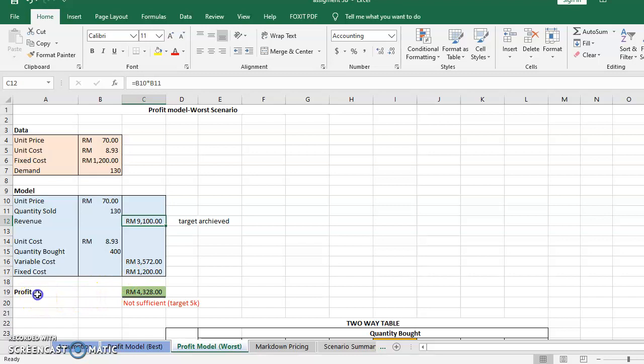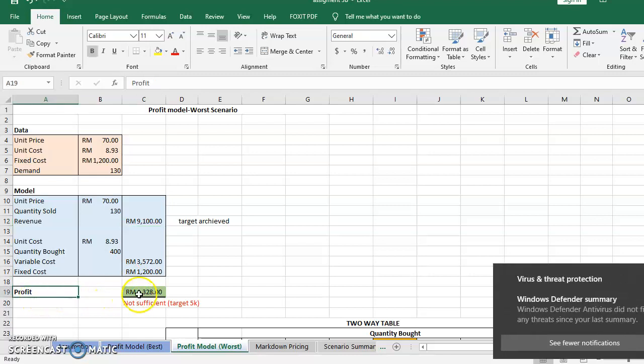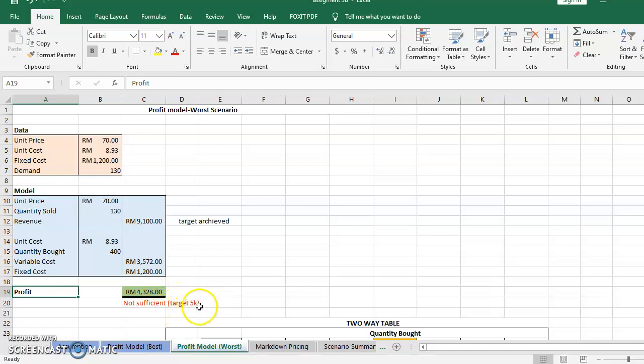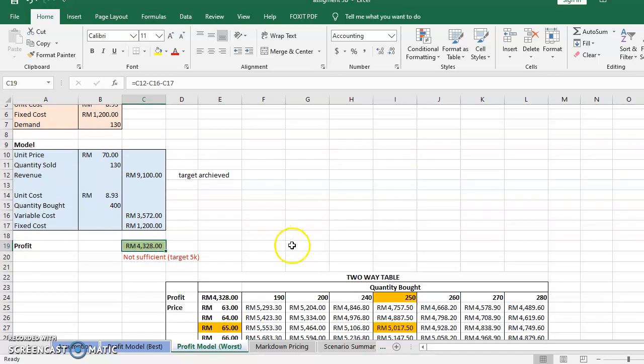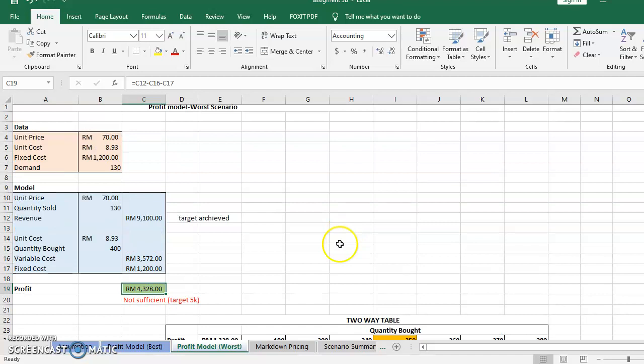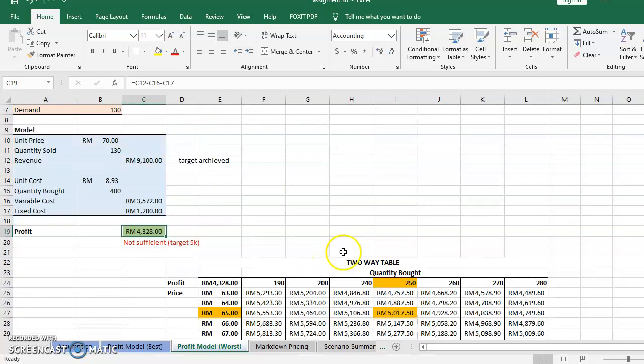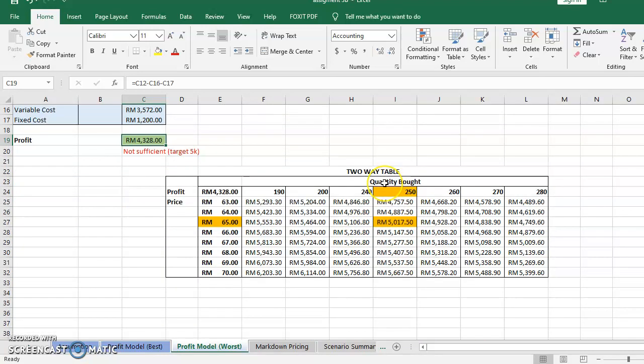But the profit is not sufficient. I targeted 5k, but I only obtained 4,328. Therefore, to achieve the target, I use a two-way table measuring quantity bought and the price.